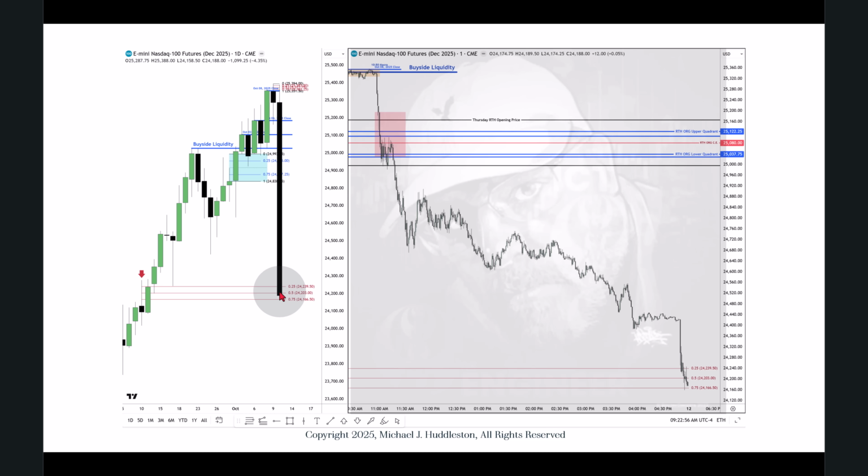Because if it can move this much in one day, how much do you think it can do overnight when we open up on Sunday? How much can it move just from where we close at 5 p.m. Eastern time and then opening up at 6 o'clock, 1 hour later? What prevents them from opening up 1,500 handles different from where you last saw it? Nothing. That's the thing you don't understand.